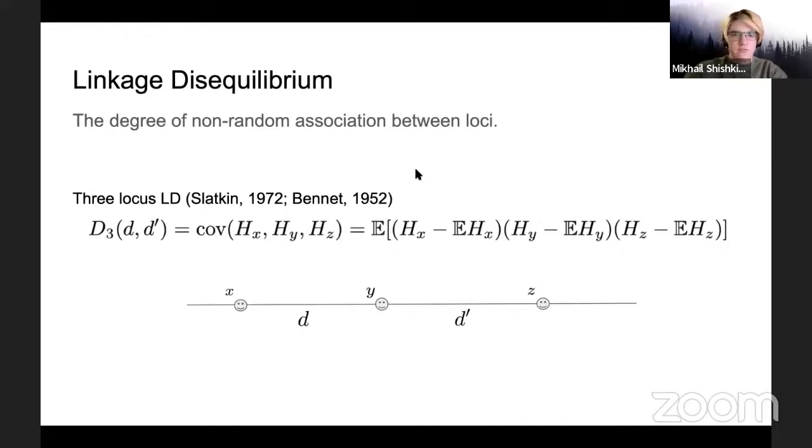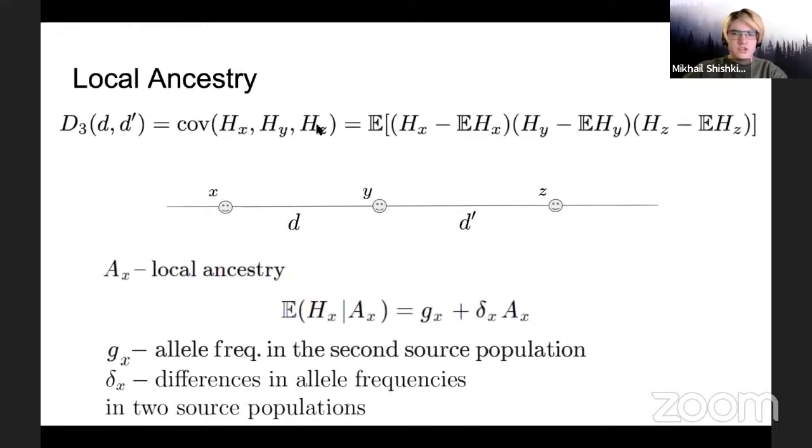Then we can compute this covariance of haplotypes in terms of local ancestry. A_X represents the local ancestry at locus X, and it is 1 if this allele is inherited from the first source population, and 0 if it is inherited from the second source population.